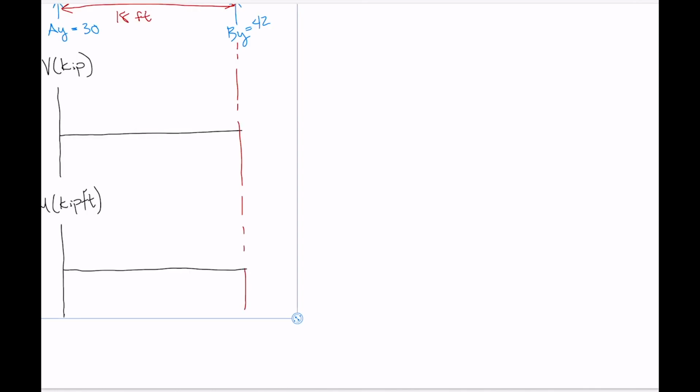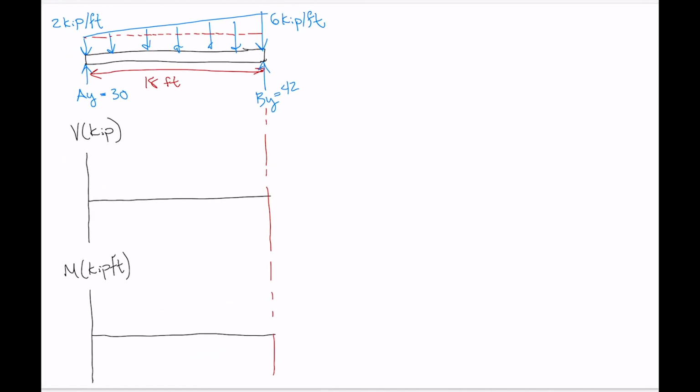Okay, so let's paste that there, and then let's just write our equations again. So we've got a shear equation is minus 0.11 L squared minus 2L plus 30, and our equation for moment is minus 0.037 L cubed minus L squared plus 30L.